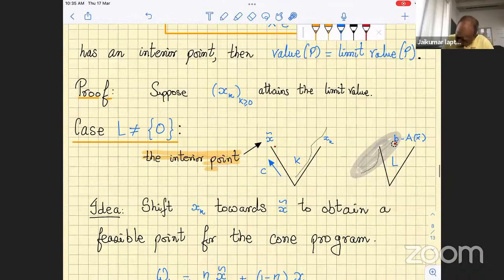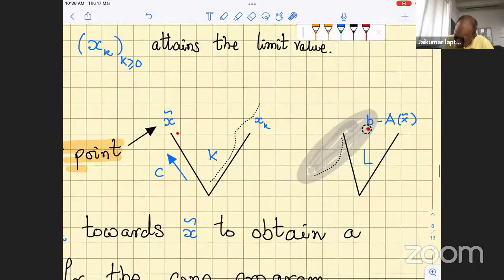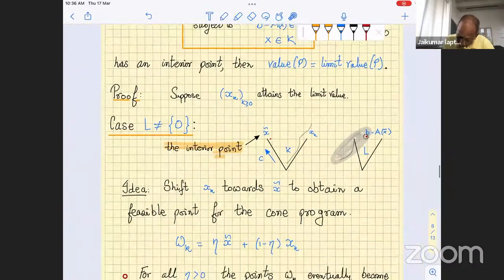So there is an L here and this is our K, and there is an interior point here. What do we mean by an interior point? I'm repeating the definition. If you look at its image, there is a little ball here around b minus A x tilde. That's what we are assuming.